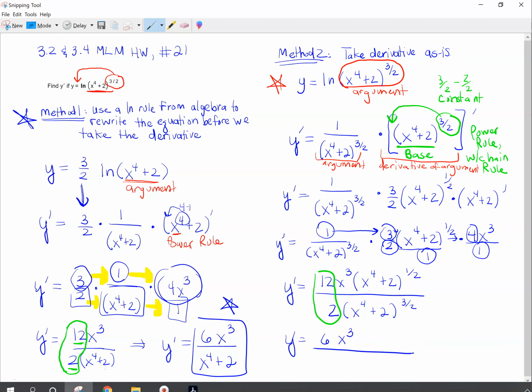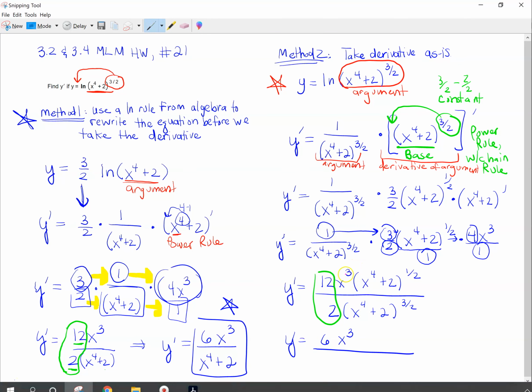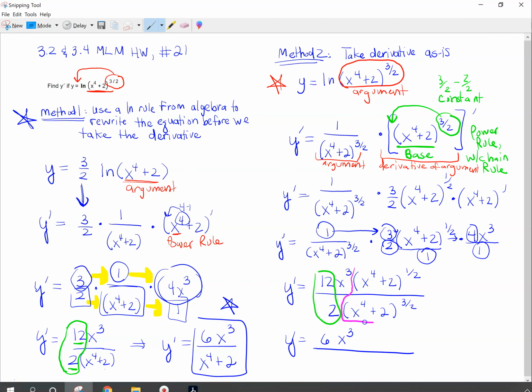Then we just need to do some algebra to simplify these binomials. It's the same binomial base, so I'm going to use my quotient rule for exponents, which says you keep the base, so I'm going to keep that binomial, and then you subtract the exponents. So I'm going to have a 1/2 exponent minus a 3/2 exponent.